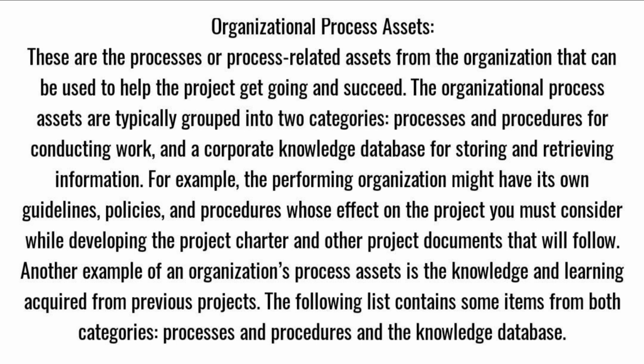For example, the performing organization might have its own guidelines, policies, and procedures whose effect on the project you must consider while developing the project charter and other project documents that will follow. Another example of an organization's process assets is the knowledge and learning acquired from previous projects. The following list contains some items from both categories, processes and procedures, and the knowledge database.